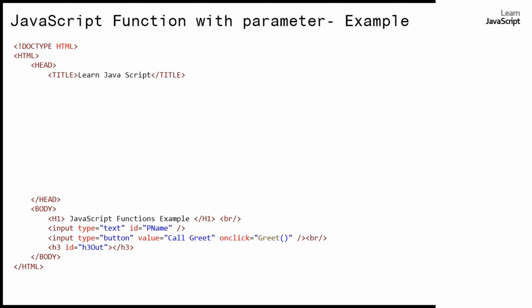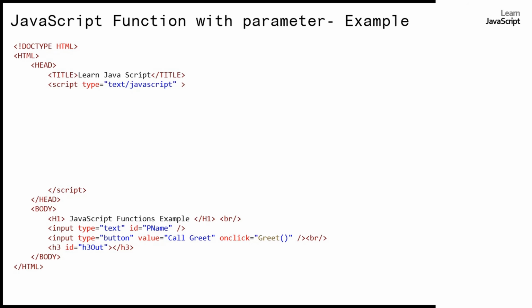Then there is an input type called button, and the click of this button is hooked with the JavaScript function greet. So just like our previous example, but this time we have an input box where you can type your name.